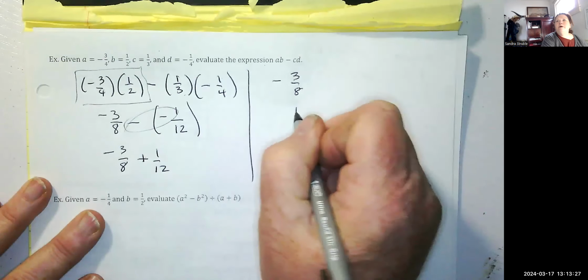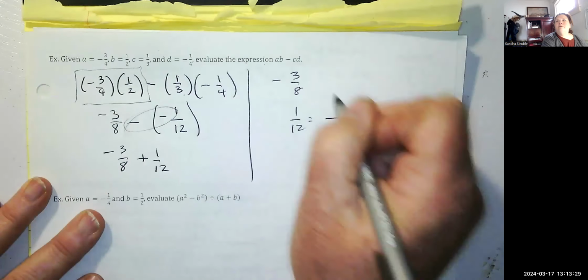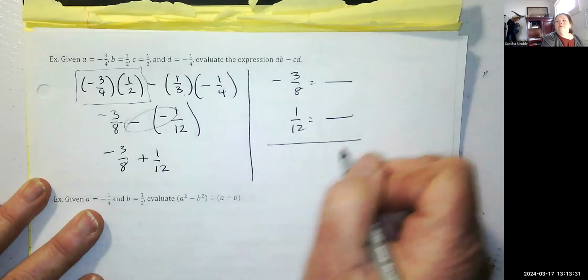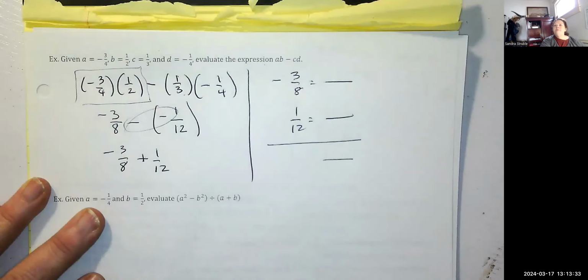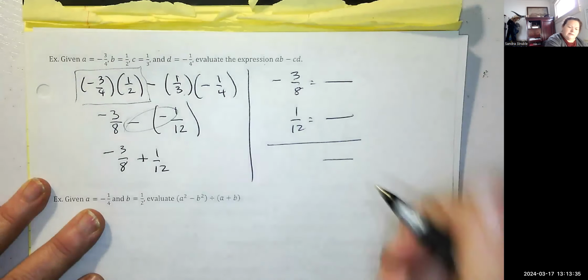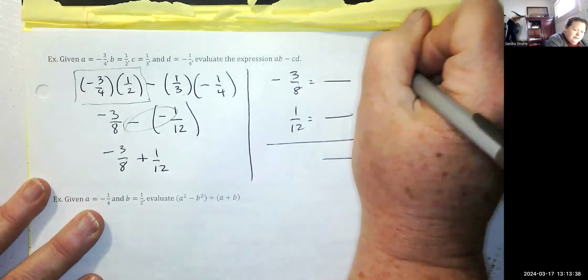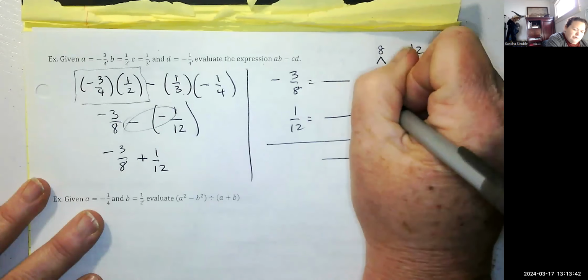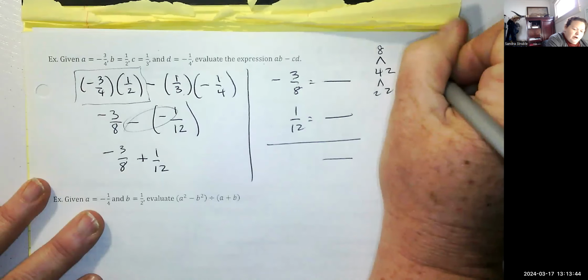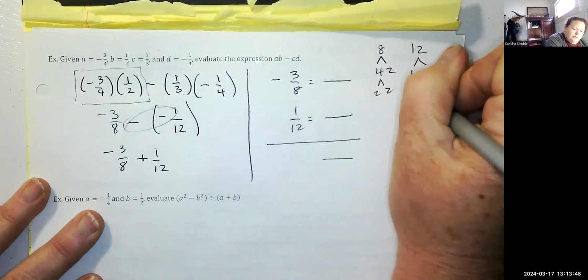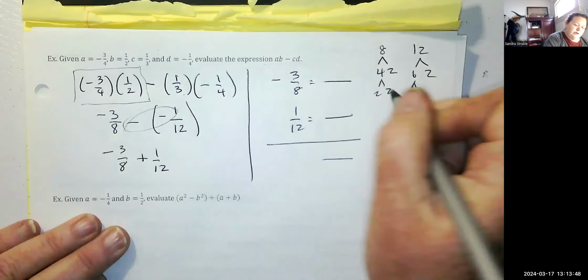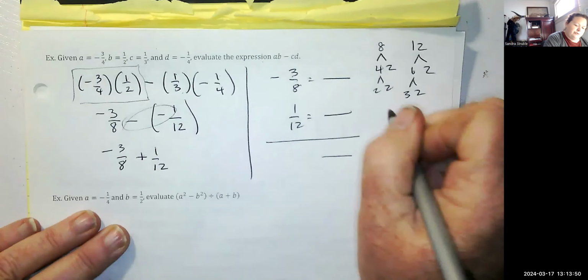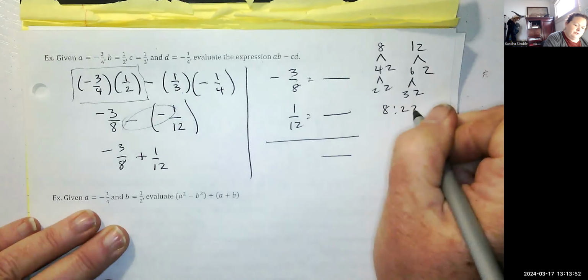-3/8 and 1/12. I need to see who my common denominator is going to be. Let's break these down. 8 is made up of 4 and 2, which is 2 and 2. 12 is 6 and 2, and 3 and 2. So 8 has 2, 2, 2.